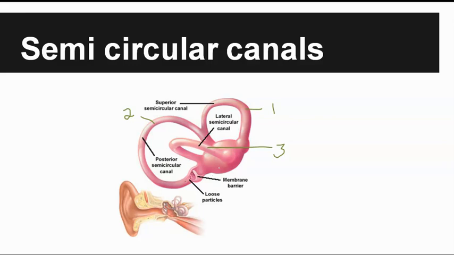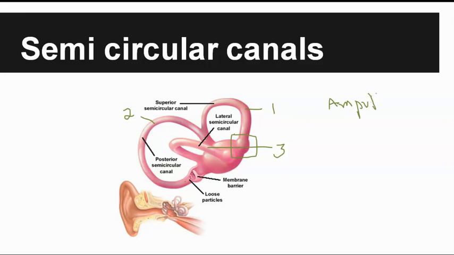Here at the base of these semicircular canals, you can see a swollen structure. For all three, you find the presence of this small swollen structure, which is called the ampulla.